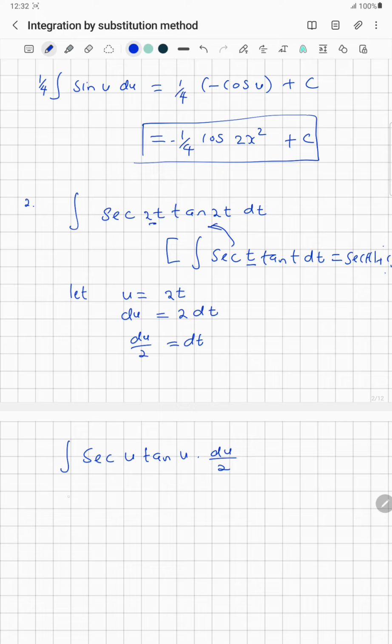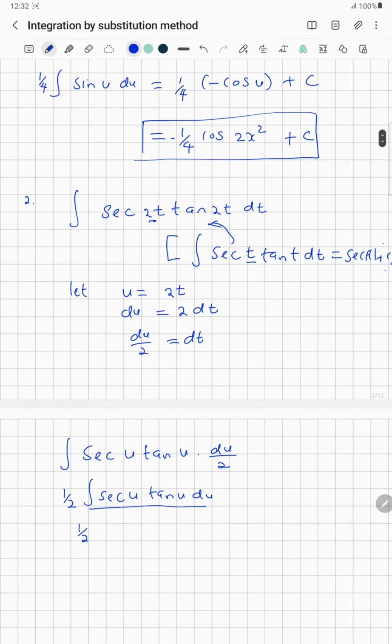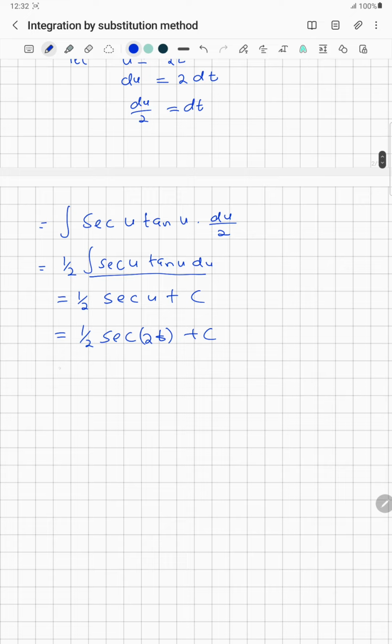So this will be a half, integrate a half sec of u tan of u du. We know its integration is secant, so we can write this as a half secant of u plus c. Now, what is u? We already know it is 2t, so we can substitute u back. We have a half sec 2t plus c. So that becomes that simple.